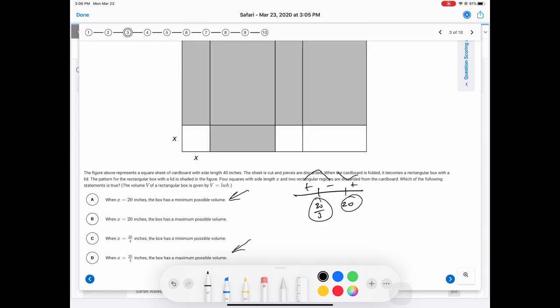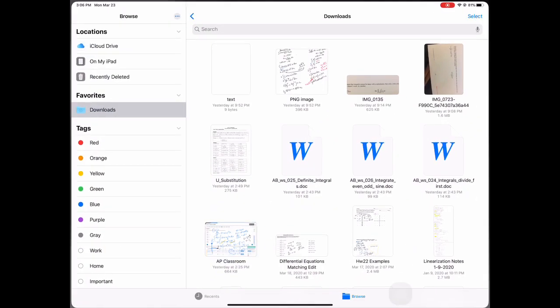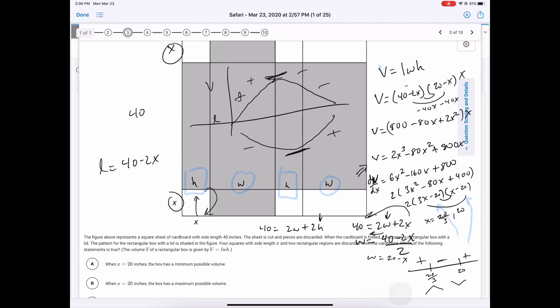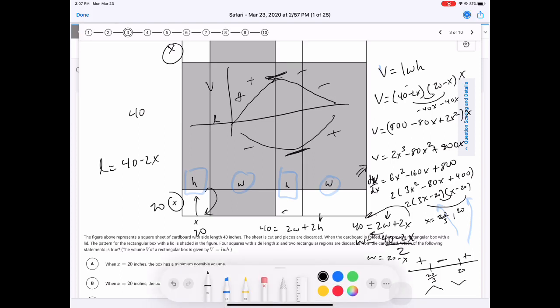Well, let's go back and look at what we wrote previously. Let's see, did both these values actually work in our original function? If x was 20, okay? If this is 20, then isn't this also 20? And so we're way over our value already.